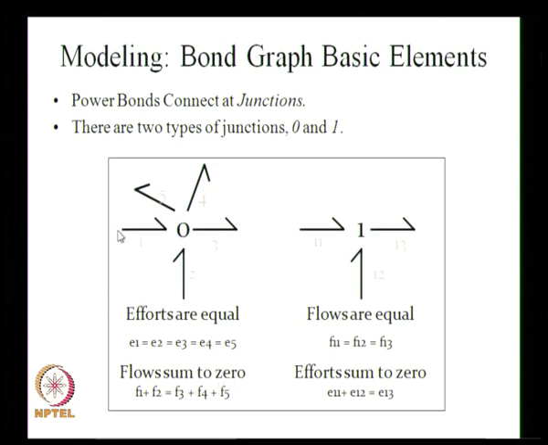The arrow represents the flow coming inside. Bonds 1 and 2 are coming inside and 3, 4, 5 are going outside. Whatever flow is coming inside should equal the flow going outside, that is F1 plus F2 is equal to F3 plus F4 plus F5. So you have a common effort and the flows add to 0.